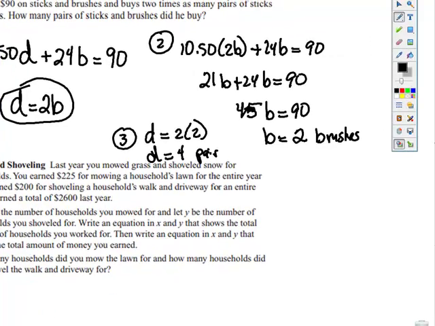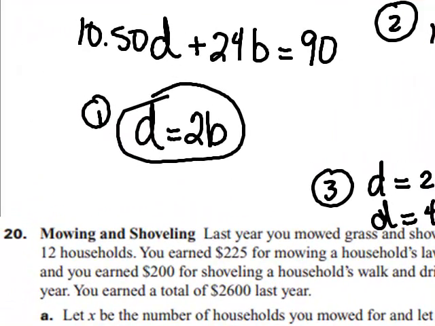Last one, we have mowing and shoveling. Last year you mowed grass and you shoveled snow for 12 households. There's the total. You earned $225 for mowing a household's lawn for the entire year, and you earned $200 for shoveling a household's walk and driveway for the entire year. You earned a total of $2,600 last year.